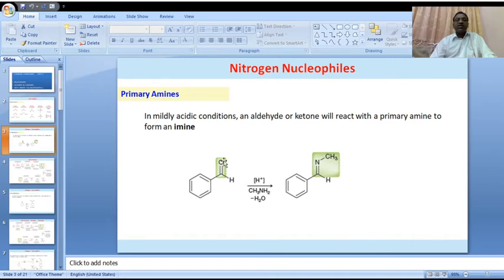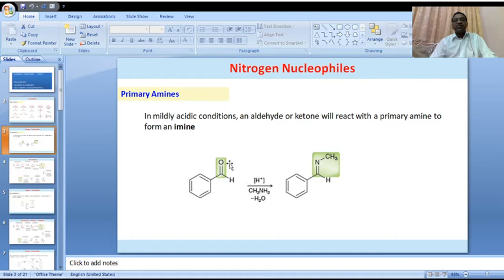Here, the aldehydic function group, benzaldehyde, we are using, on reaction with the primary amine in the presence of acid.